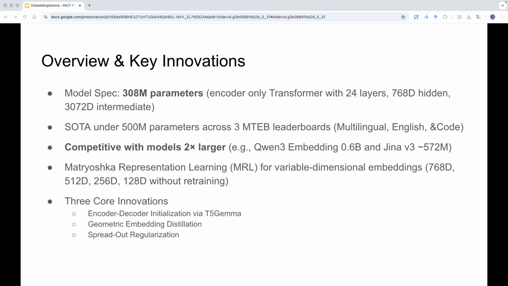I'll get into this deeper later. Some of the core innovations are encoder-decoder initialization via T5Gemma, geometric embedding distillation, and spread-out regularization. I'll get into these later.